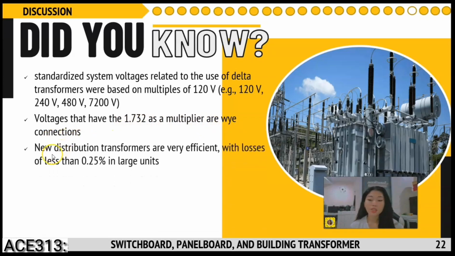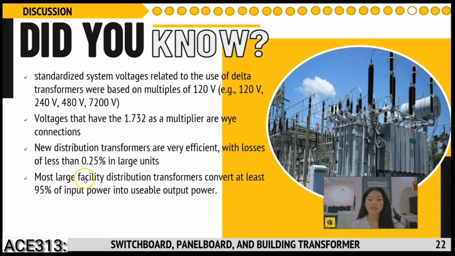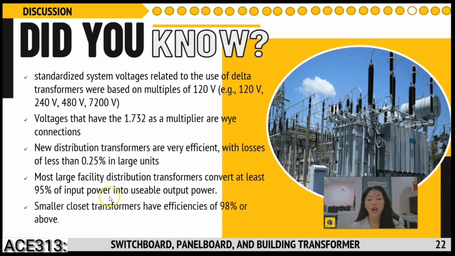Third, new distribution transformers are very efficient, with losses of less than 0.25% in large units. And then, most large facility distribution transformers convert at least 95% of input power into usable output power. And the last one, smaller closet transformers have efficiencies of 98% or above.